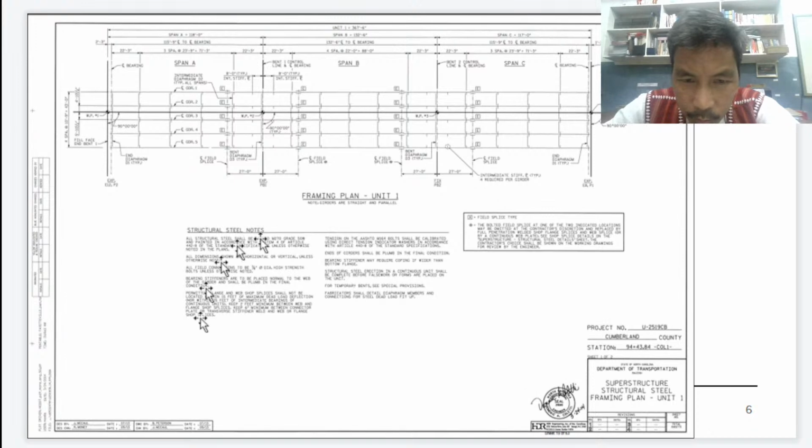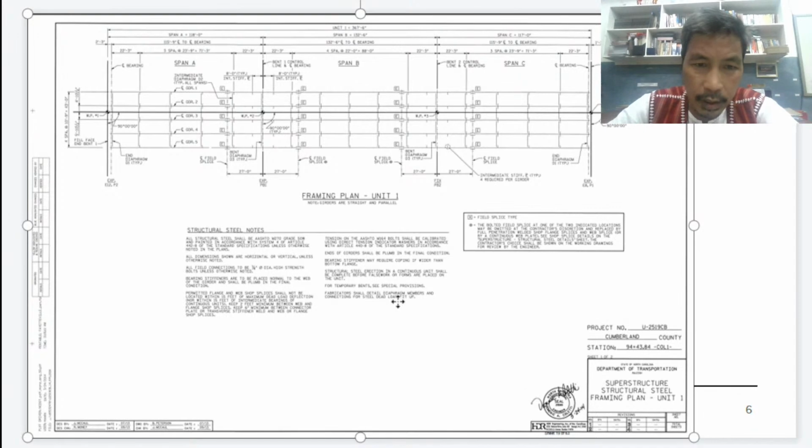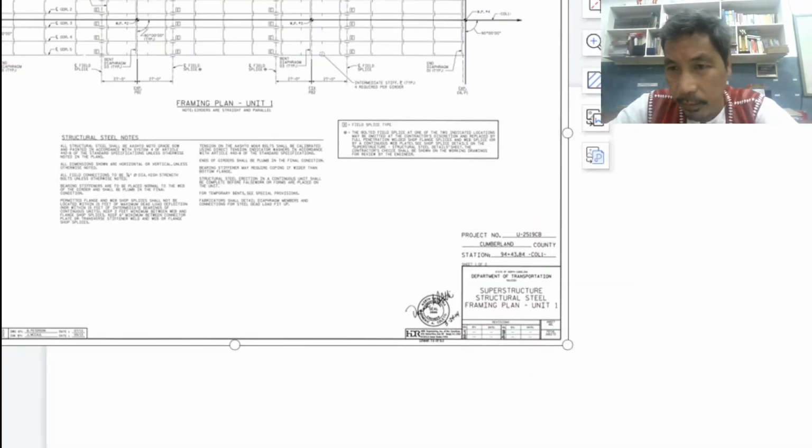We have yet to explain these notes. We have to read these notes one by one. They are very important. Now let's take a look at these structural notes. Let us make them bigger.